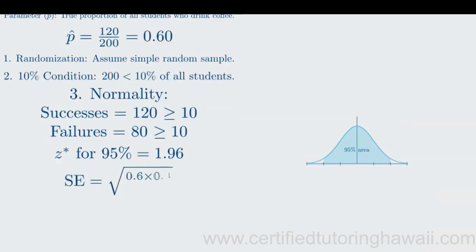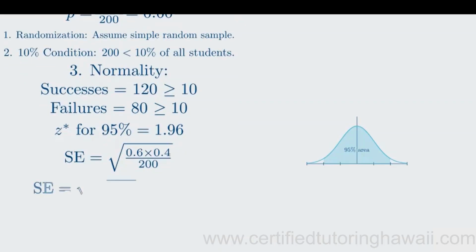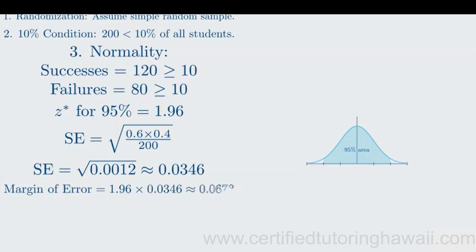Now we calculate the standard error. It is the square root of p hat times 1 minus p hat, all over n. This simplifies to the square root of 0.24 over 200, which is approximately 0.0346. Finally, the margin of error is z star times the standard error. 1.96 times 0.0346 is approximately 0.0678.